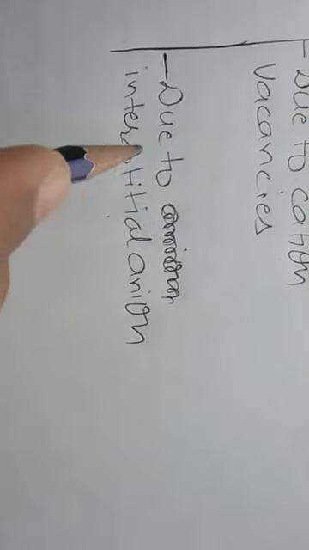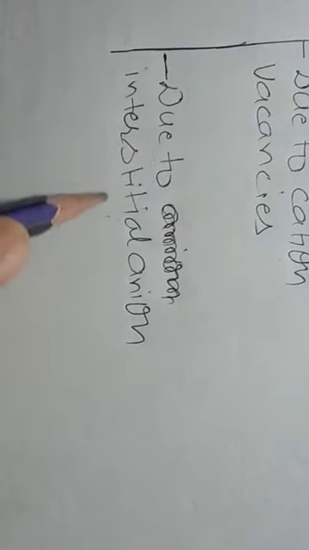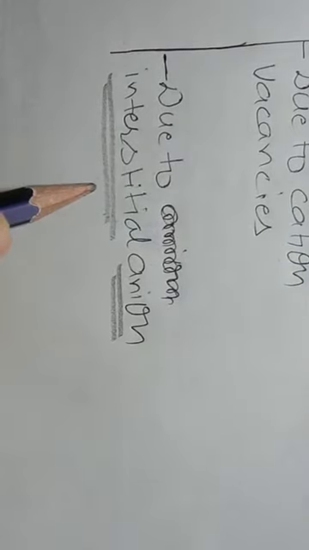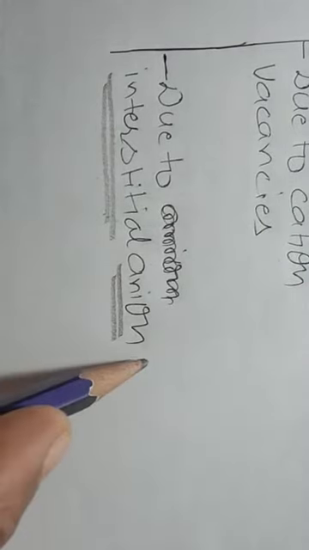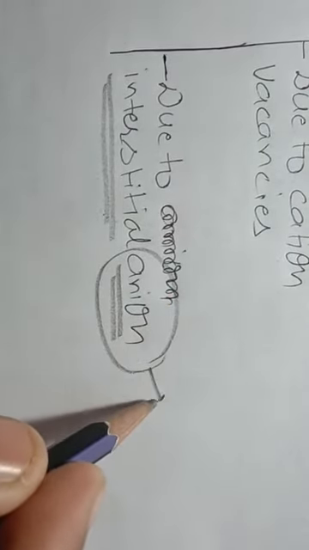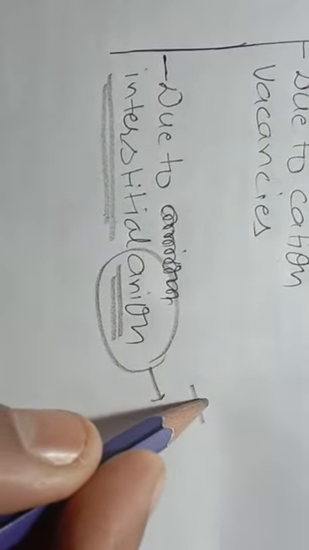In such a defect, an anion is present in an interstitial site of the crystal, but as we all know, the size of an anion is always comparatively larger than that of a positive ion.